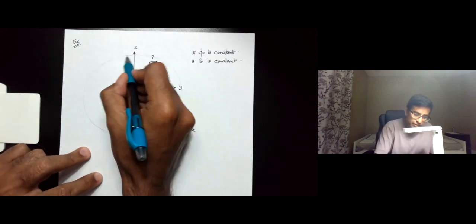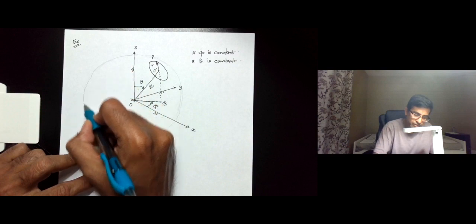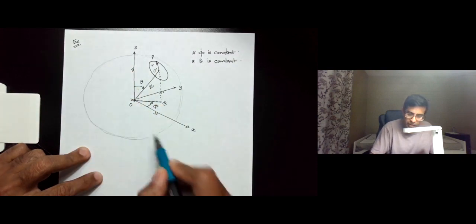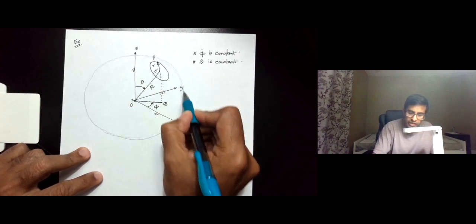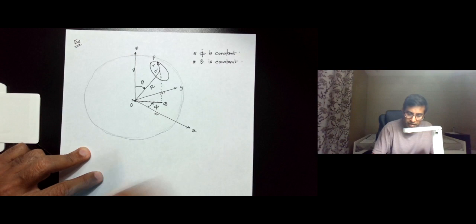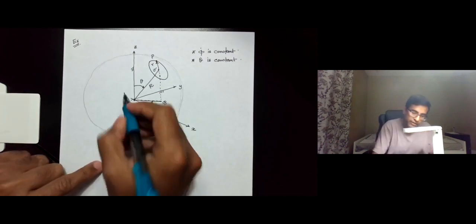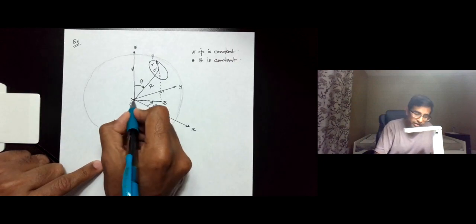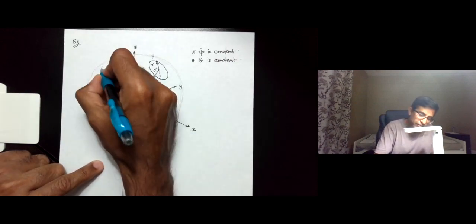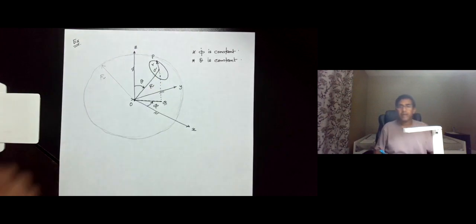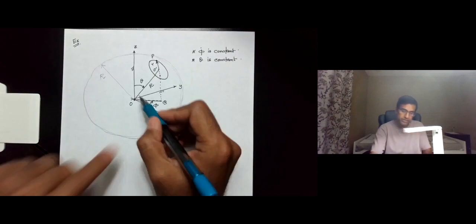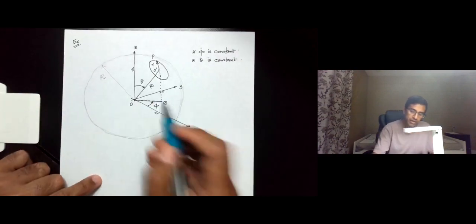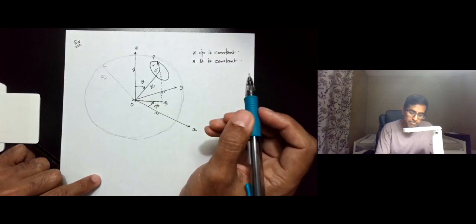So here is a sphere. This is a hypothetical sphere. The sphere is being drawn only to illustrate the spherical coordinate frame. The sphere is of radius capital R. So clearly this point O prime is on the surface of the sphere because the distance from O to O prime is capital R.